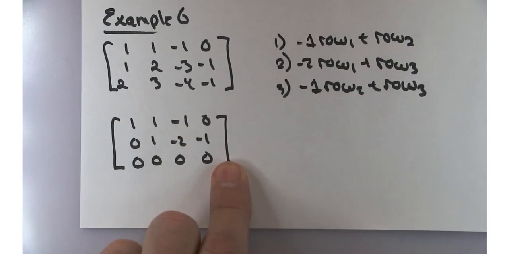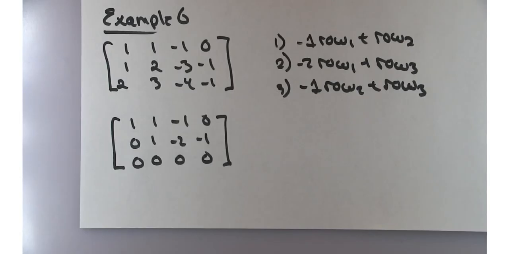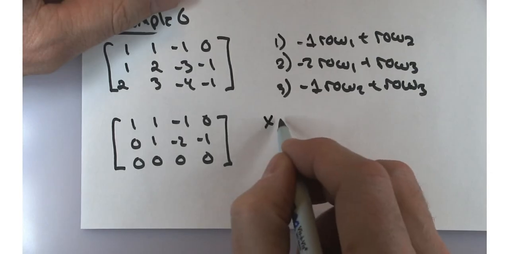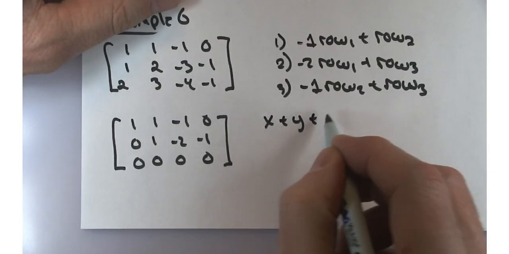What's that saying about my system of equations? Z equals T. Not yet. We'll get there. Well, let's assign x plus y minus z equals 0.